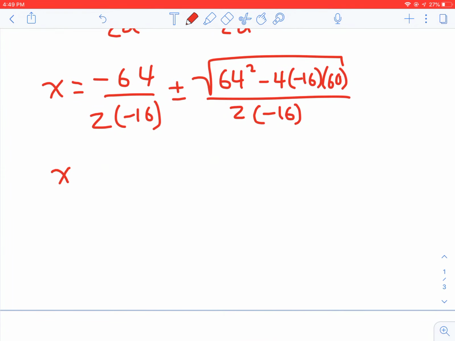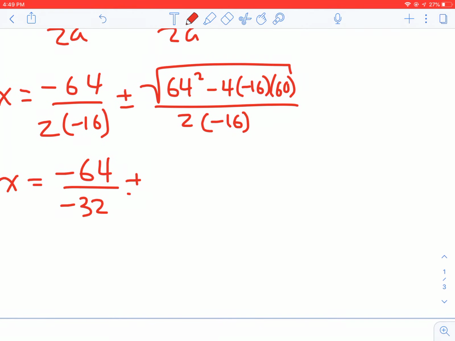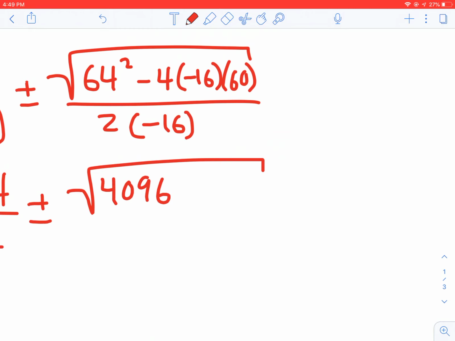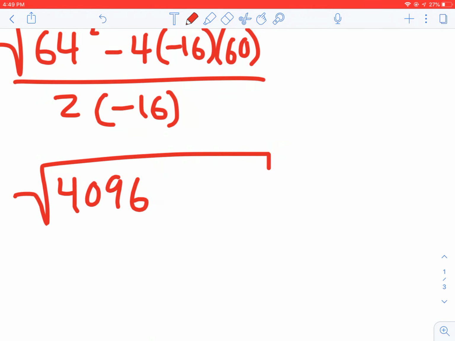So simplifying this a little, we are going to get negative 64 over negative 32 plus or minus the square root of 64 squared, which is 4,096. 4 times 16 is 64. 64 times 60 is 3,840.